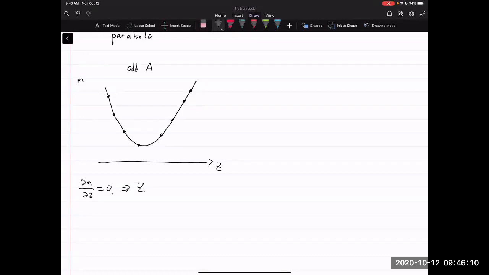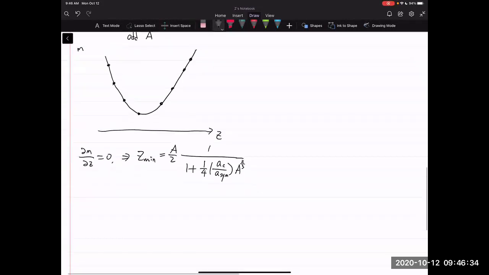So the minimum: a lot of terms are constant, which can go away. Then this is the answer: Z is equal to A over 2, times 1 plus 1/4 a_C, the Coulomb term, divided by the asymmetry term, times A to the 2/3, in the denominator.